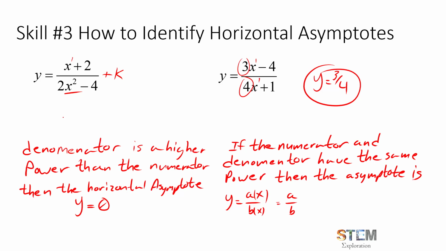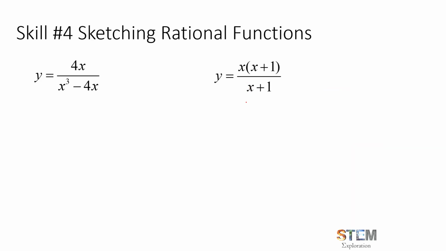So you actually don't have a horizontal asymptote at all in that situation. If you see that the numerator is a higher power than the denominator, then there is no horizontal asymptote.